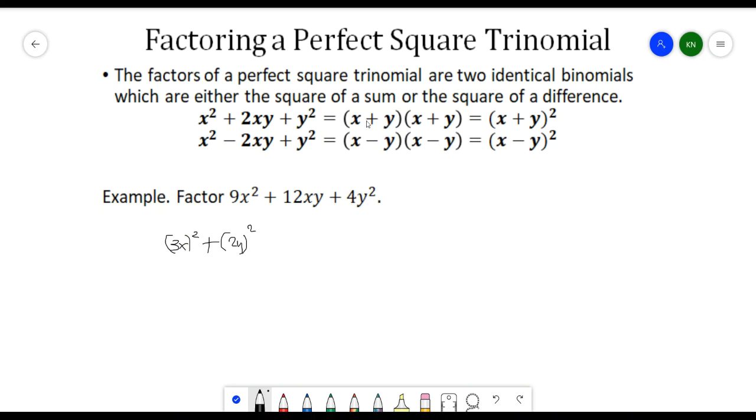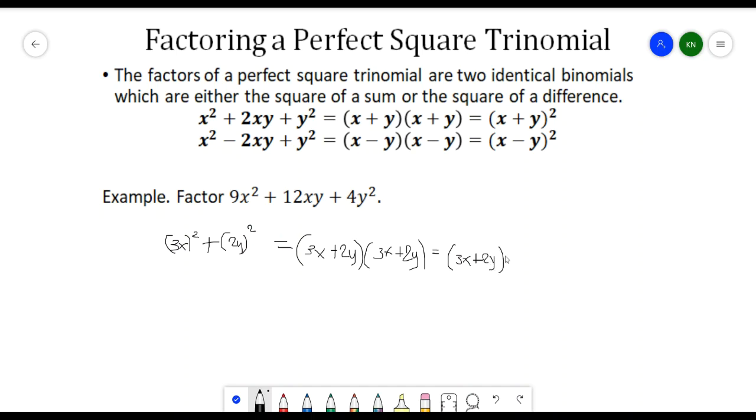After that, we can already get the value of our factor, meaning to say this is already equivalent to 3x plus 2y multiplied by 3x plus 2y, or simply equivalent to the square of 3x plus 2y.